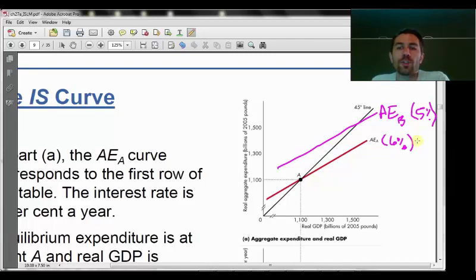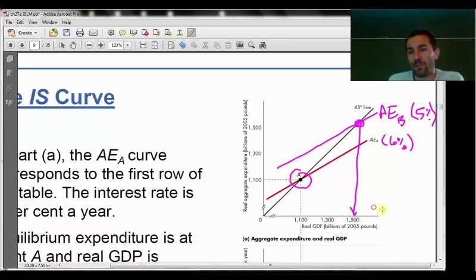When my interest rate was 6%, I had an equilibrium level of real aggregate expenditure, an equilibrium level of real GDP, which was given by point A. You happy with that? When my interest rate decreases, what happens to my equilibrium level of GDP?